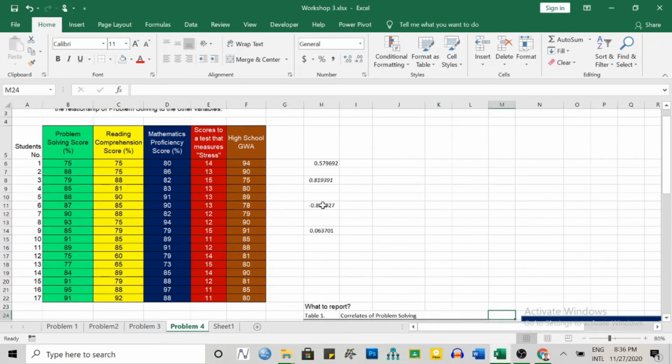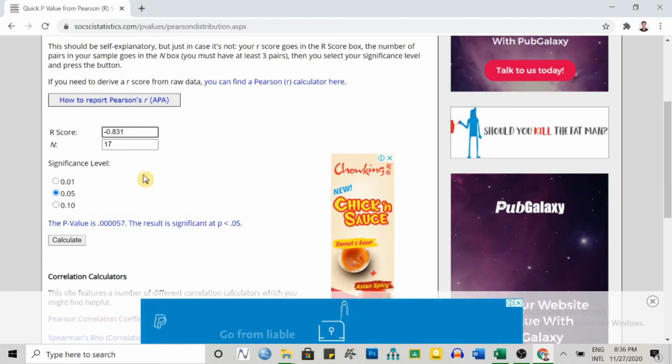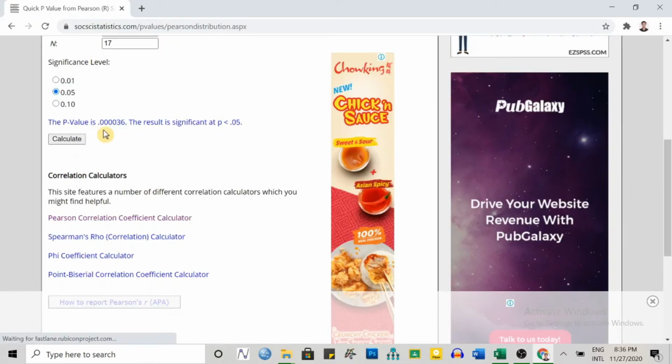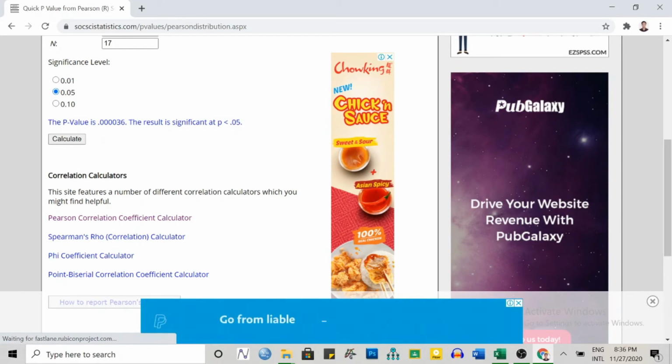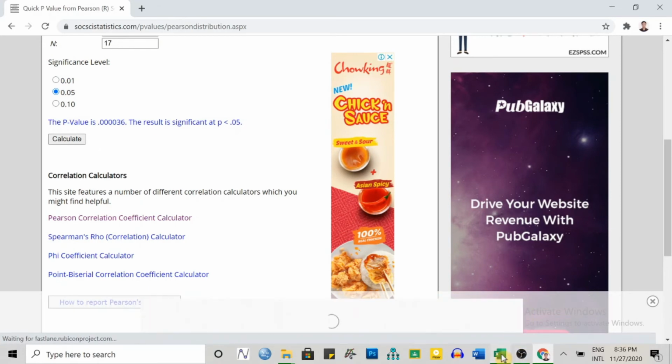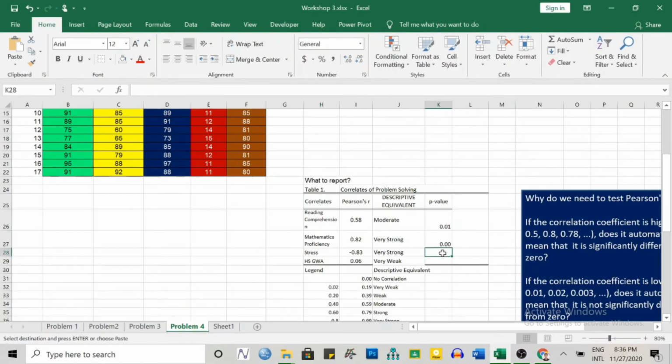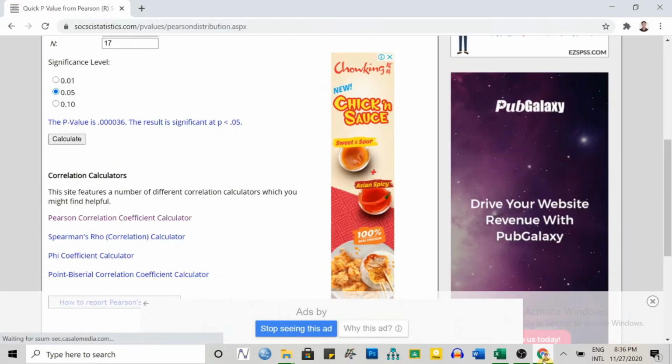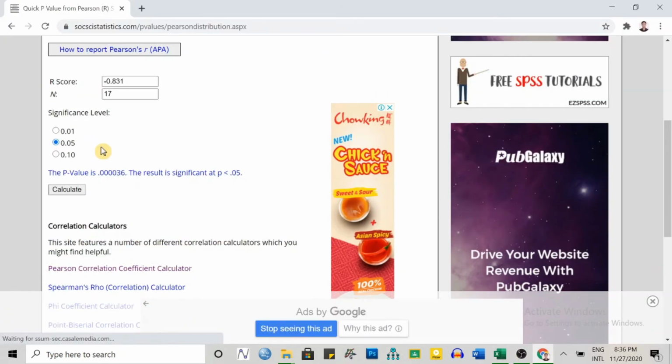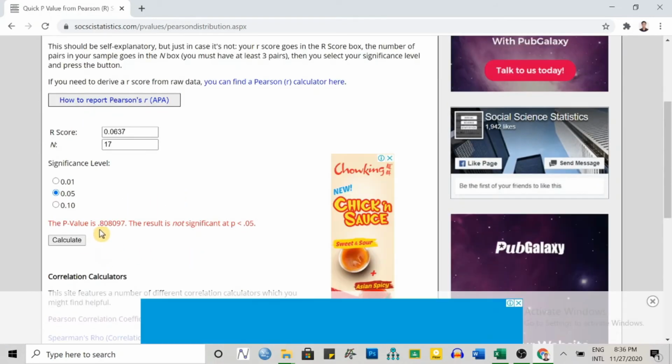For our third coefficient, the answer is again 0.000036, or that's just the same as 0.00. Where's the last one? Calculate. The p-value is a high number. It's 0.88097, or that is just the same as 0.88.